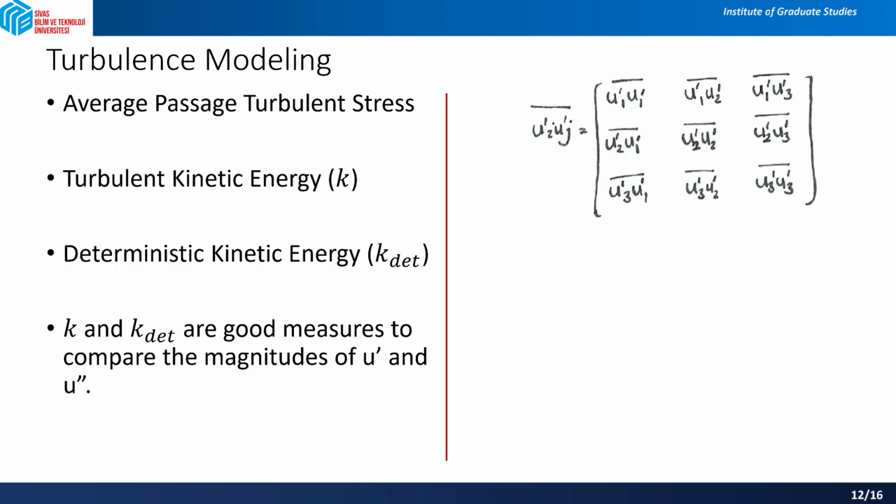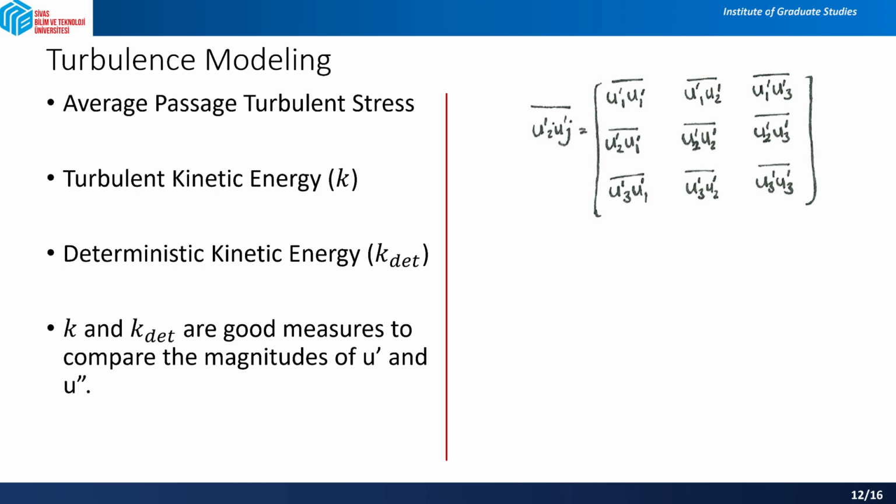Now, if I want to show you this average passage stress, what does it look like? It is u prime i, u prime j, bar. If you want to show this, it is in matrix form because it's a tensor.